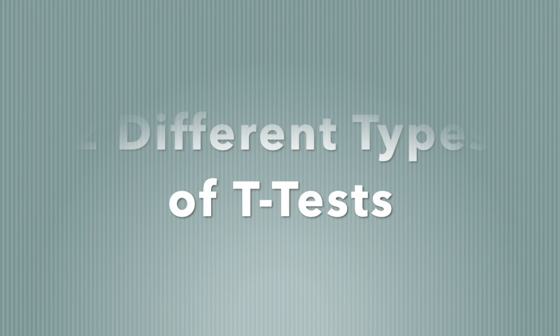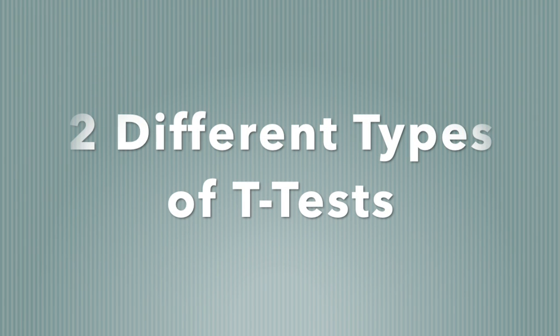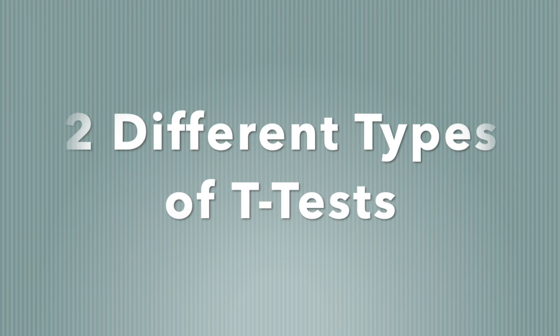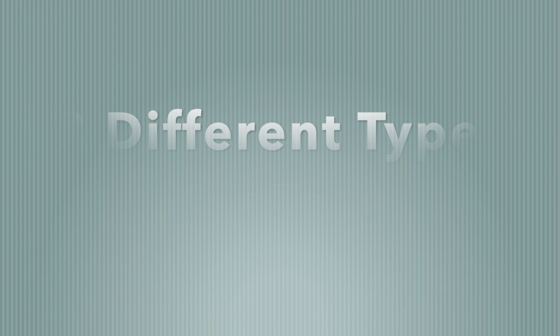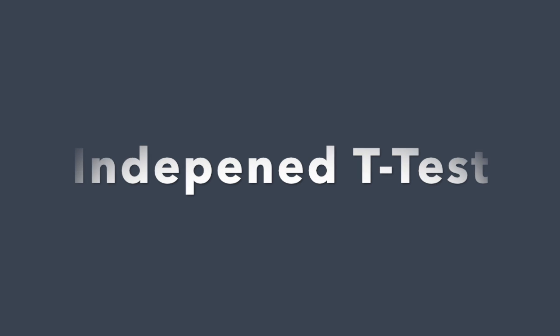There are two kinds of t-tests that researchers may use to observe the effect of a treatment on a sample in order to make predictions about the population. These can be done on studies that compare both two means and studies that compare 3 or more means. The first type is an independent t-test, which compares two means based on independent data.